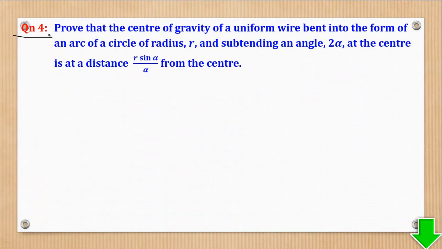That was question 3. Now question 4 says, prove that the center of gravity of a uniform wire bent into the form of an arc of a circle of radius r and subtending an angle 2 alpha at the center is at a distance this from the center.